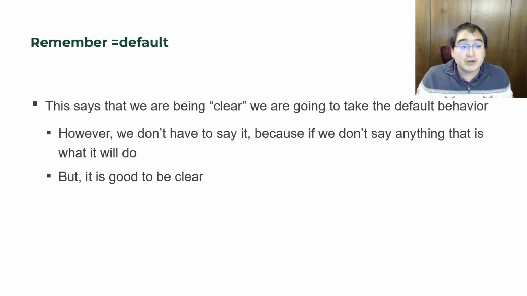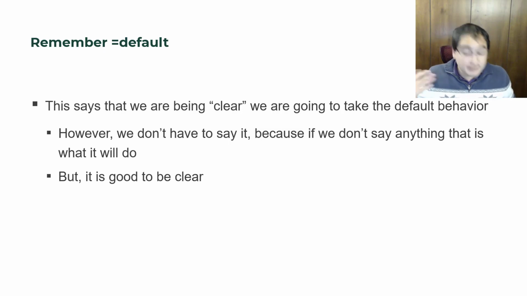You can always say equals default for the member functions that C++ provides for you by default. For instance, C++ is happy to give you a default constructor and a copy constructor and an assignment operator and a deconstructor. It's more than happy to give you these default values without you having to say a thing about them.